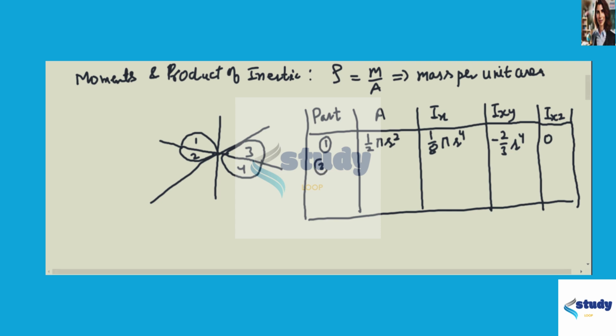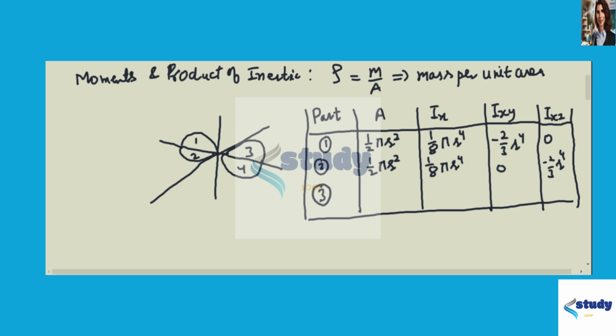Second, half pi r square, 1 by 8 pi r to the power 4, 0, minus 2 by 3 r to the power 4.